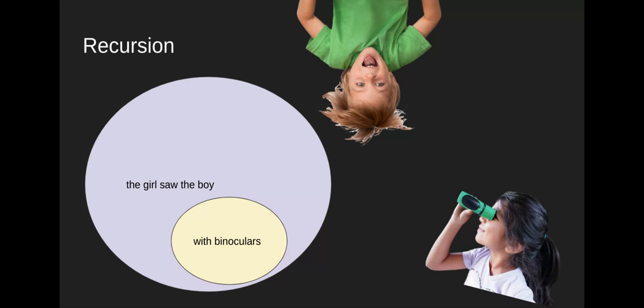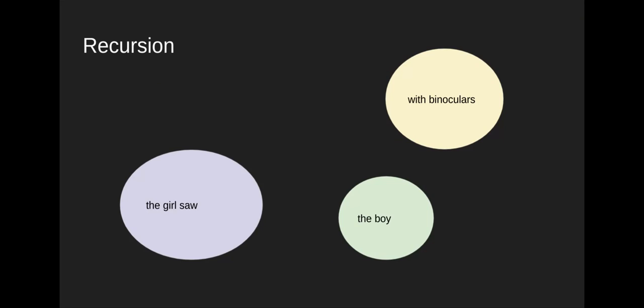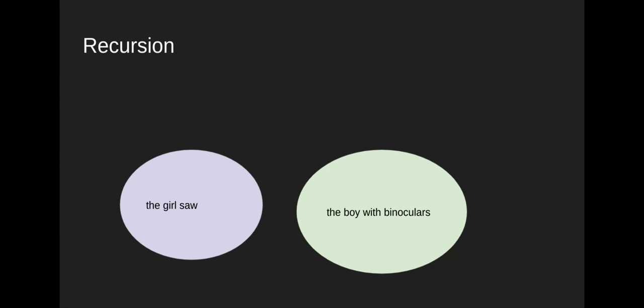But if we go back to before we merged everything together in this way, and go back to this stage where we've got the chunk that is the girl saw, a chunk that is the boy, and the chunk that is with binoculars, you realize, oh, wait, we could have chunked those things together using recursion in a different way. So instead of chunking the girl saw with the boy together first, we could have instead chunked together the boy and with binoculars and created this new thing, the boy with binoculars, and only then taken these two new things that we've got and chunked them together.